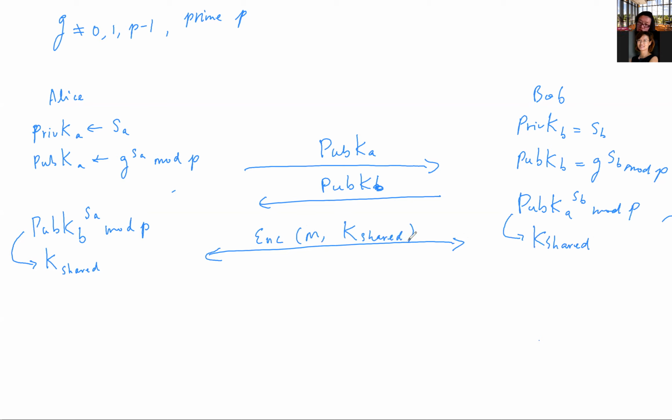They can of course use the public key to encrypt, but it's going to be slow. So they want to establish a shared key and use it instead. You may ask, once they establish a shared key, what specific algorithm can they use? They can use AES. AES needs a key, and this shared key can be used as the AES key.